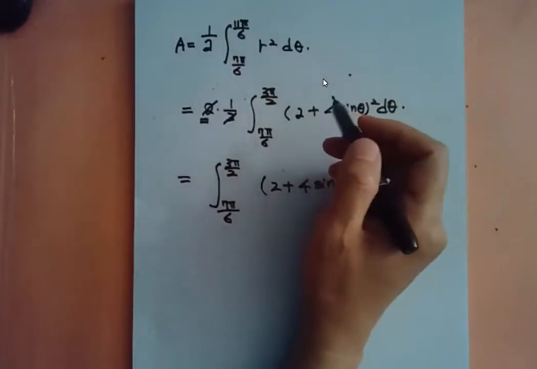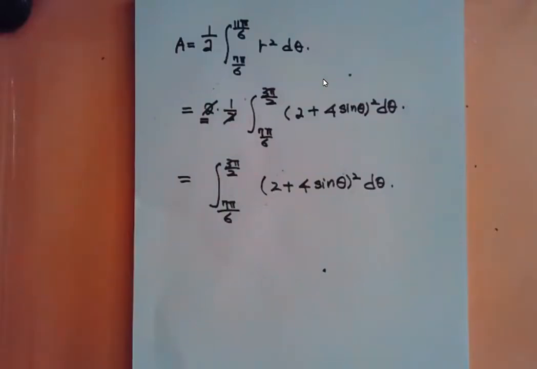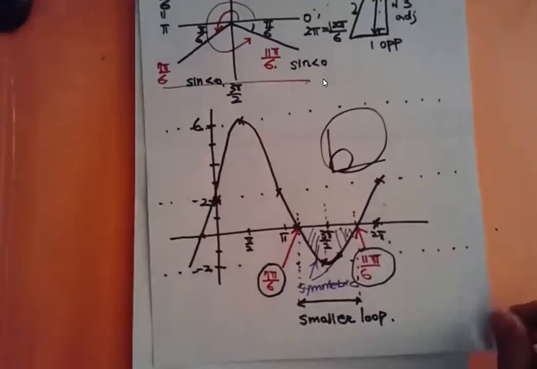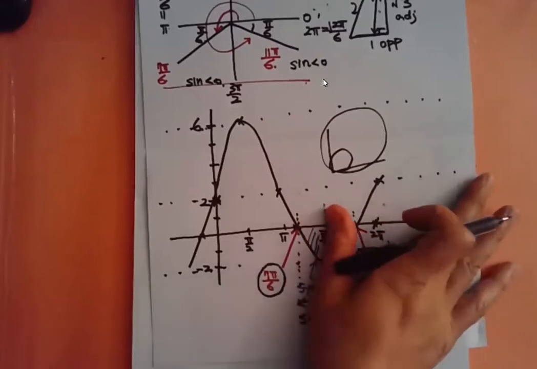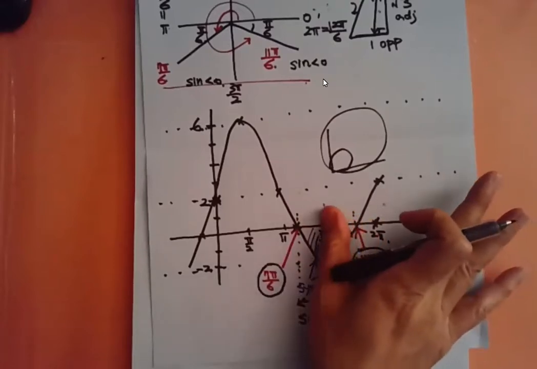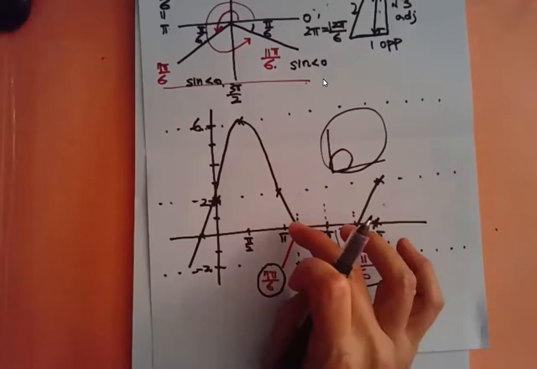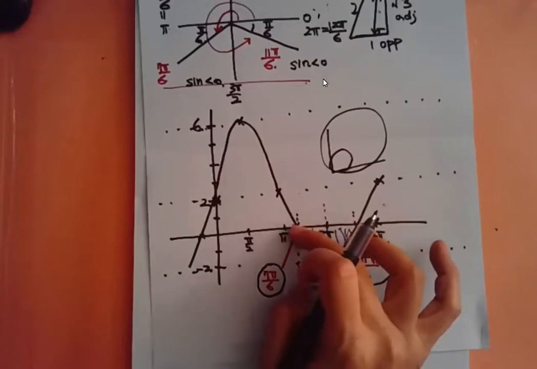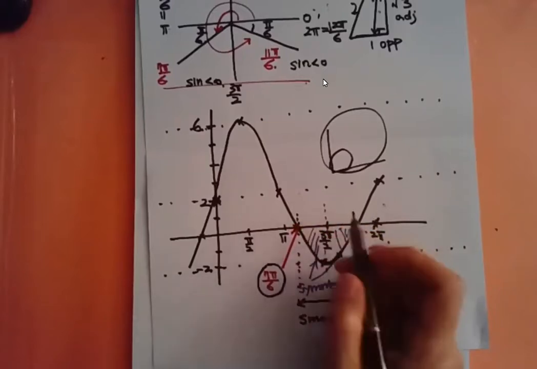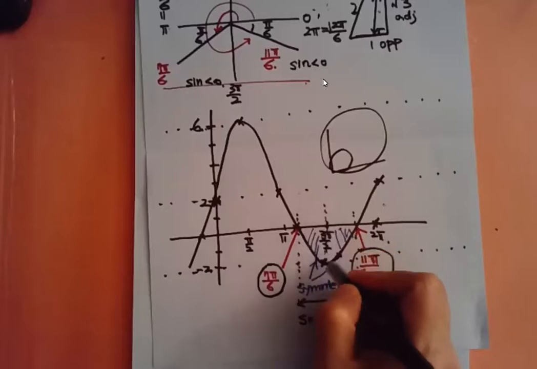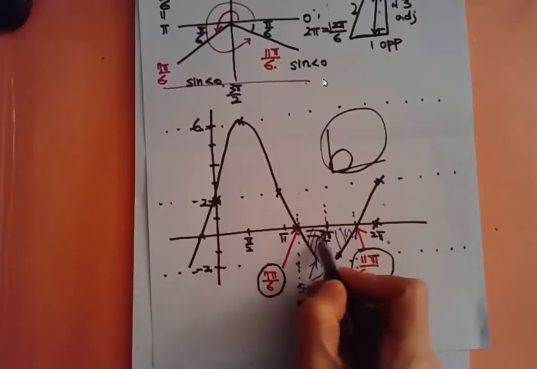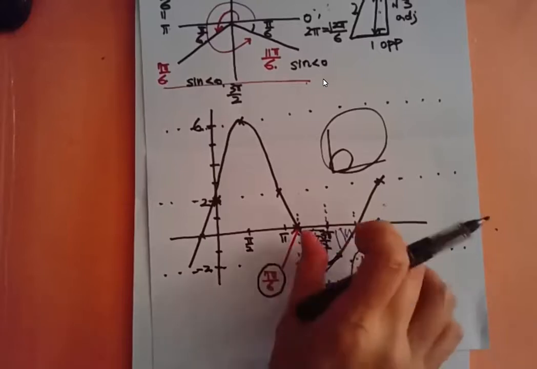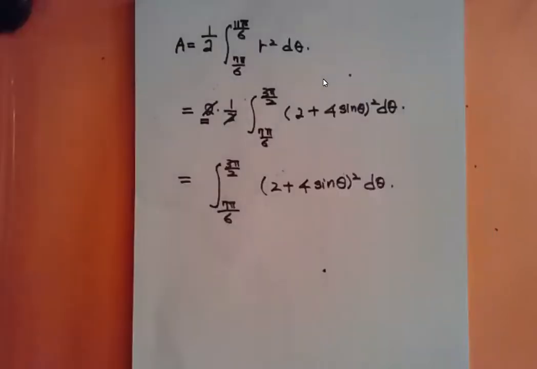Then what we figured out was when you fold it over around 3 pi over 2, this point and this point overlapped each other. So we calculate this part's area and double it, and then we will get the answer.